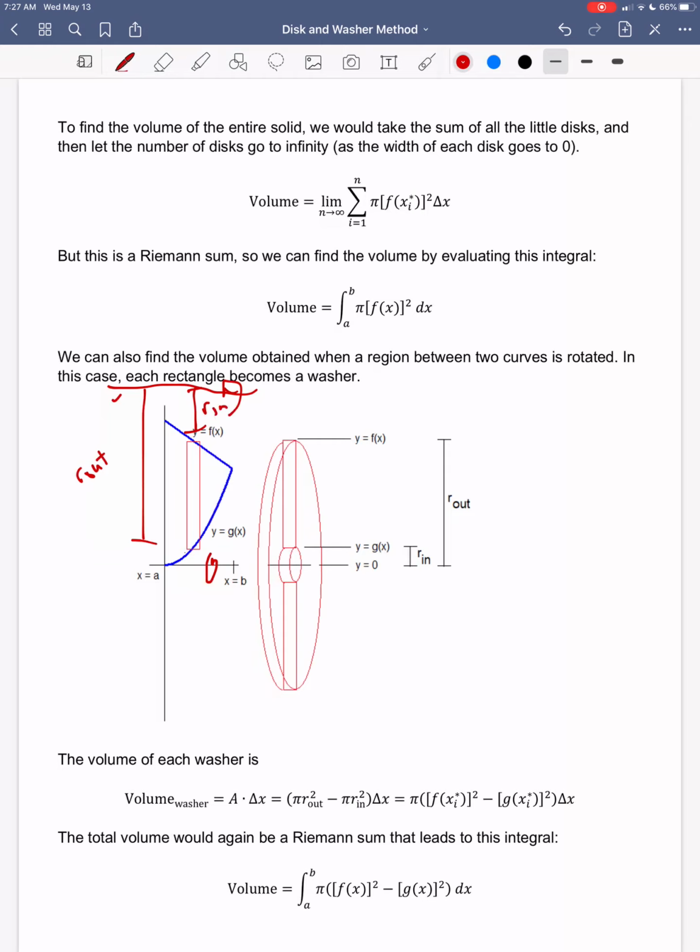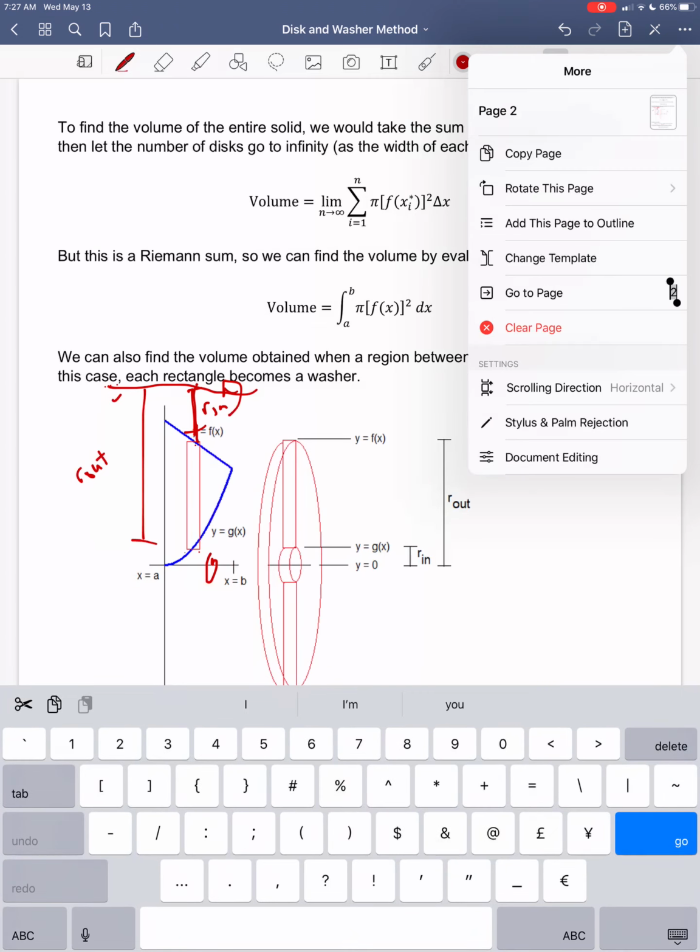And so I would have to know the y-coordinate up at the top and then the y-coordinate here and here. And so to find that distance, whatever this y-coordinate at the top, I'd have to take it and subtract f of x to get the inner radius. And then this y-coordinate at the top minus g of x to get the outer radius. It still would be this formula. But it's not just going to be f of x and g of x now. It's going to be something else. And we'll look at some examples of that in the example problems. But that's one thing to be aware of.